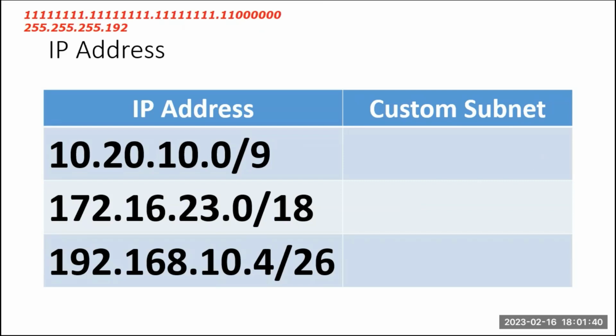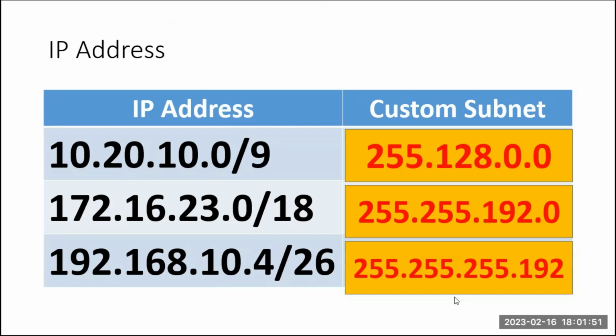All right, so this is what we have so far. That's what we have for our custom subnet mask. Given the prefix, you have to work out your custom subnet mask.